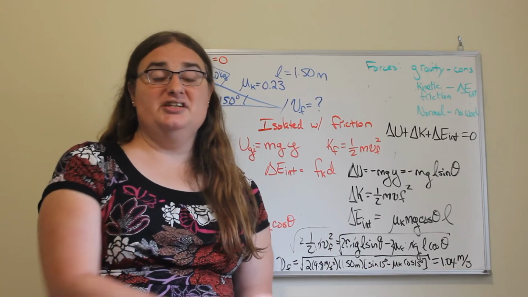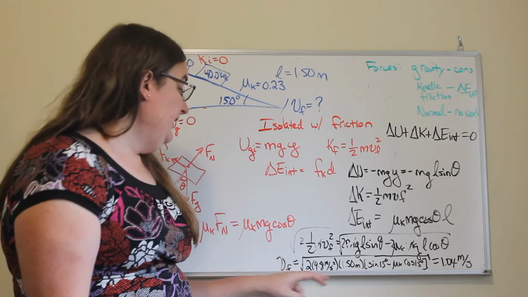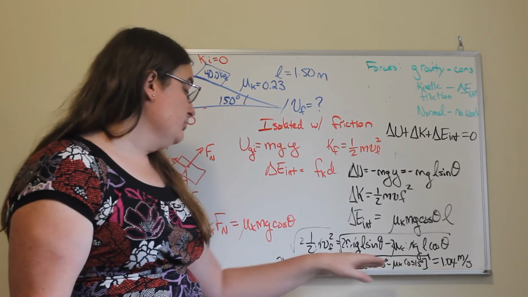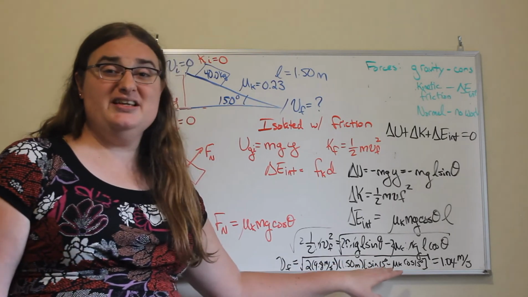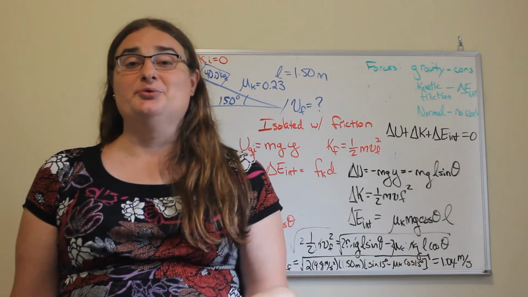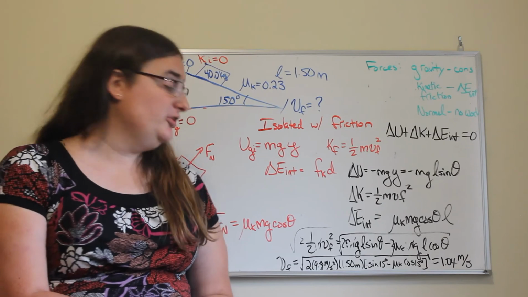Otherwise, the object's going to sit there at rest. And that would be shown by having either 0 in here, or in the worst case, a negative number under a square root, which we can't do with real numbers.